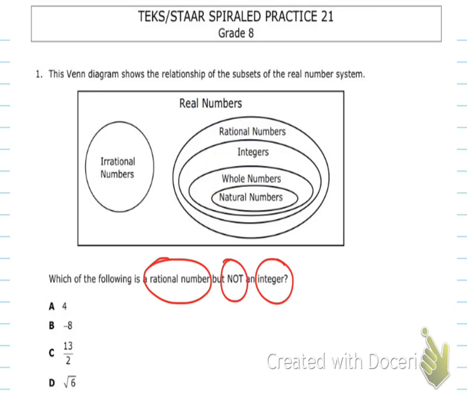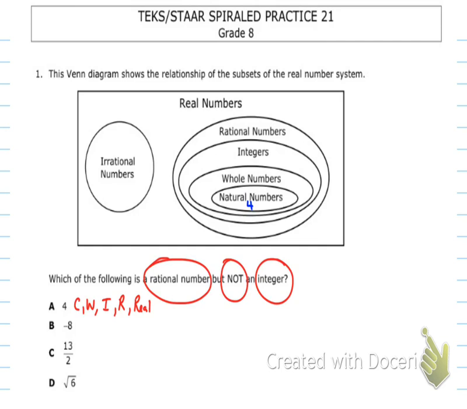So let's figure out where 4 lives. 4 would be a natural, which by the way is sometimes called counting. But 4 is a counting, which, working your way out, makes it a whole, which is also an integer, which is also a rational, which is also a real.